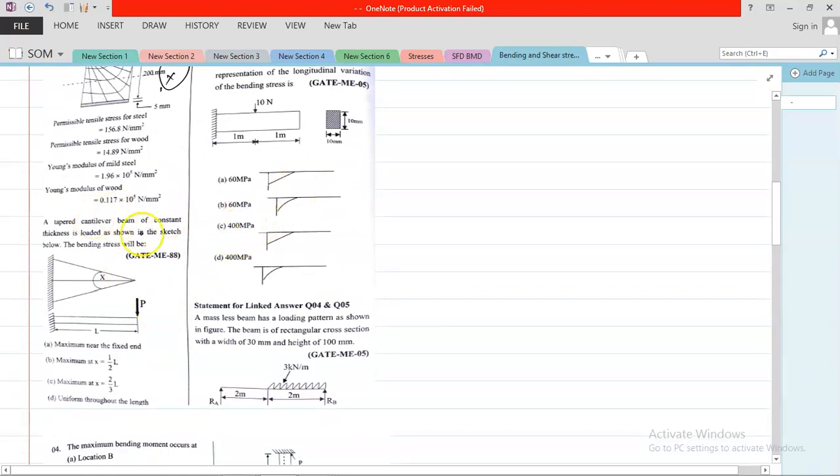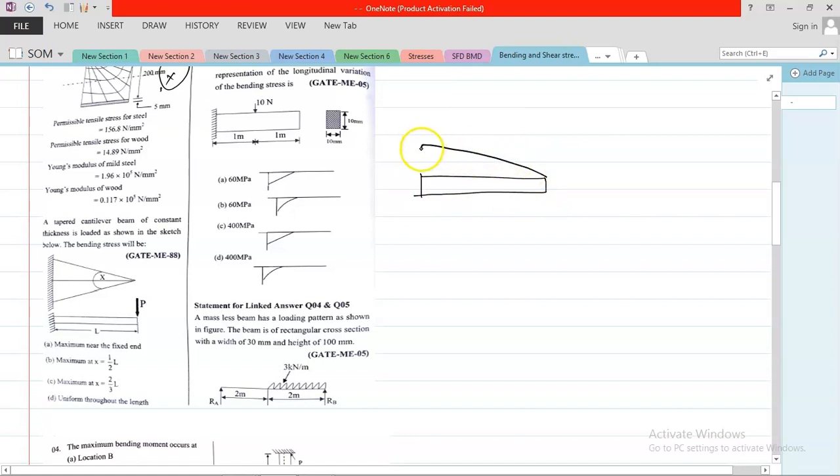It is given a tapered cantilever of constant thickness. What is the meaning of constant thickness? You can say this is your front section, but at the other section it is like this.